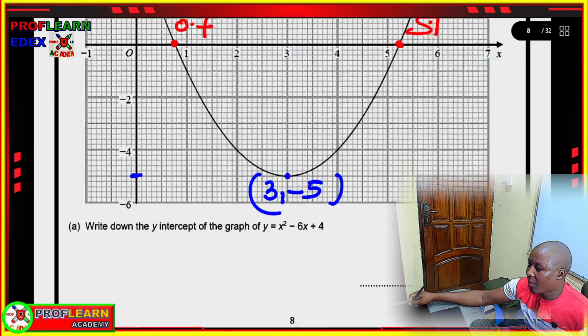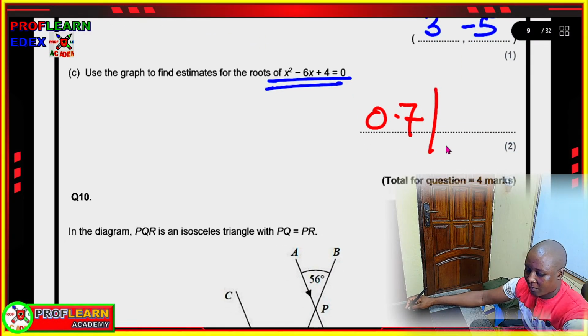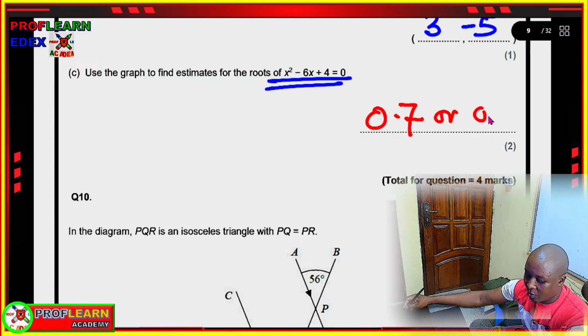This question can be asked in the higher paper and also in the foundation paper, so you can get those kinds of questions.